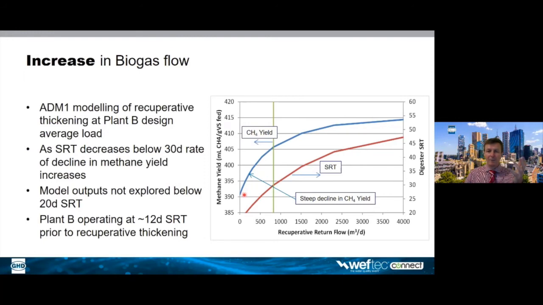So pre the upgrade, when the digesters were operating at 12 days or maybe even lower, it is quite likely that the methane yield was significantly lower, and that this could provide a reasonable explanation for that increase in the biogas flow that was observed.